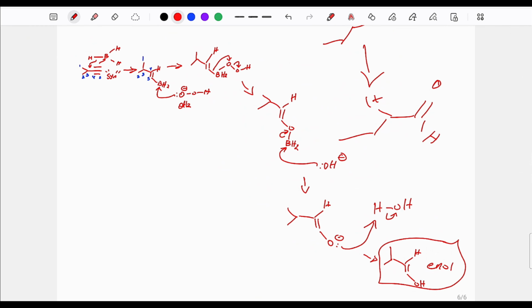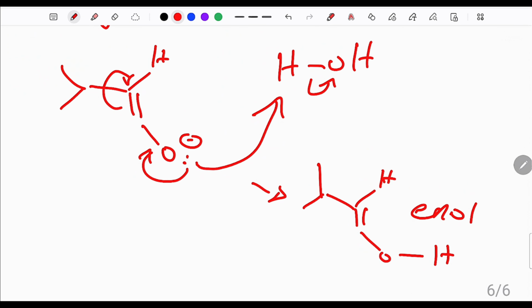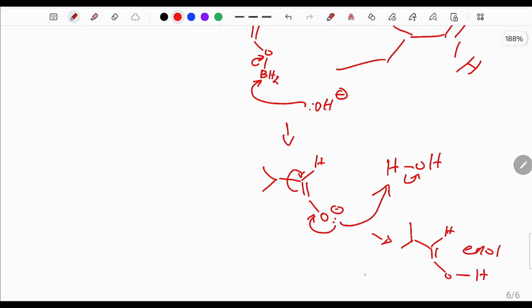But it is important to understand that from here, what we will do is we will do this. Boom. And you know what? I'm just going to do a shorthand mechanism where we essentially form this.